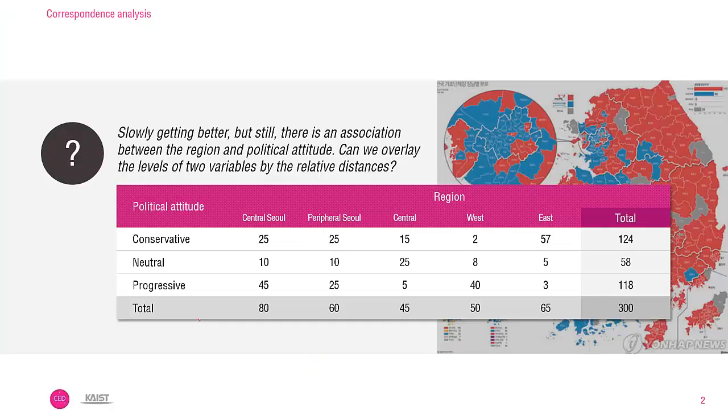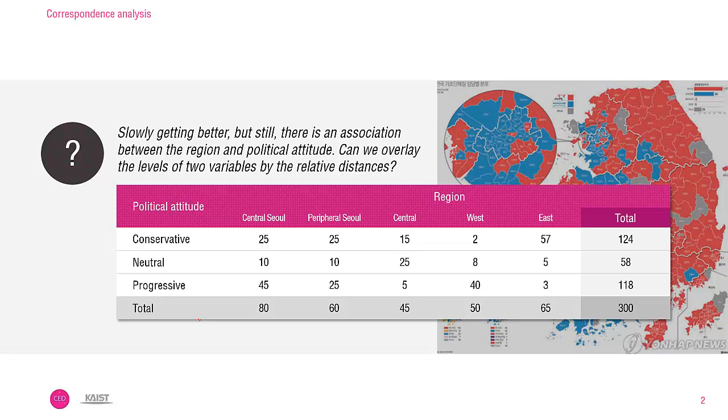You have seen this slide in week 4. At the time, we were learning the chi-square test for independence. The issue here is related to the relationship between region and political attitude.